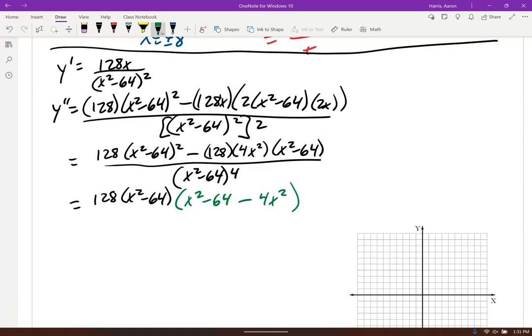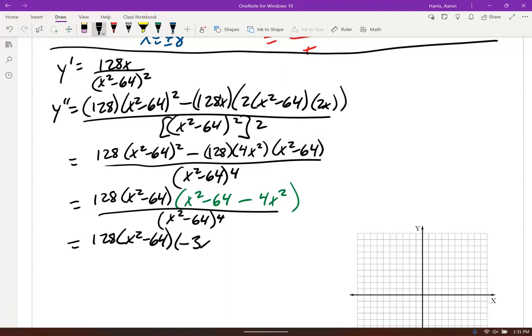And I took out that x squared minus 64. And this is all over, so I got negative 3x squared minus 64, over x squared minus 64 to the fourth.